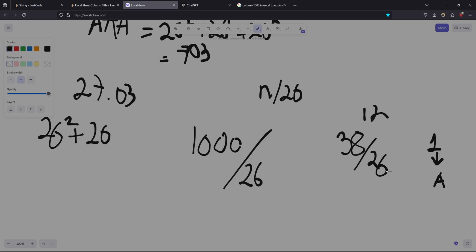When the number is divided by 26, the quotient will be 1, and the remainder will be 12.